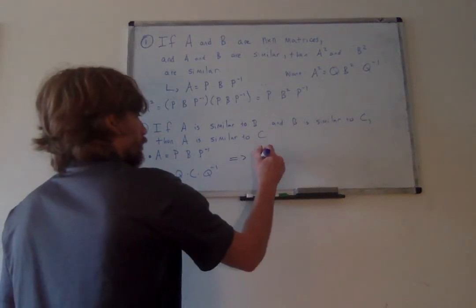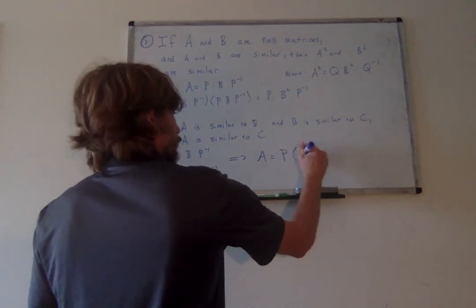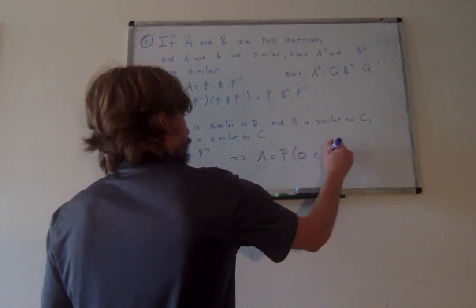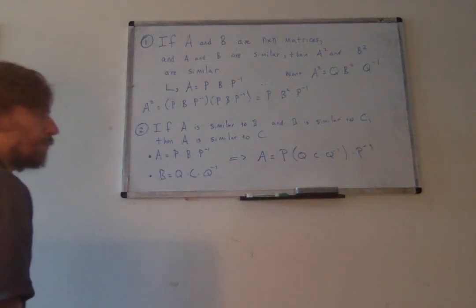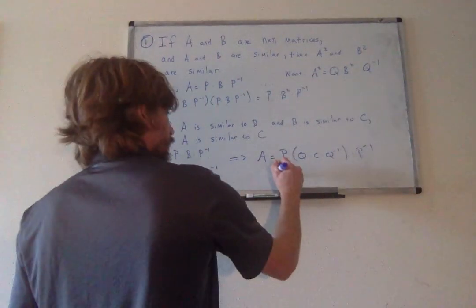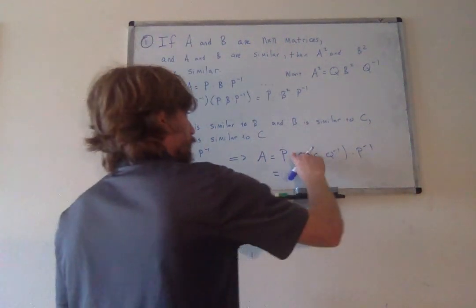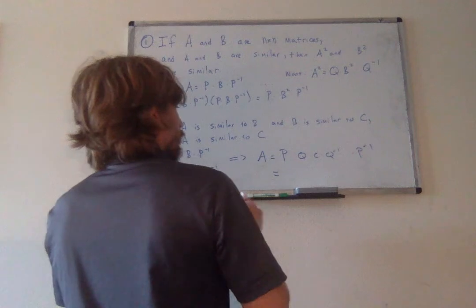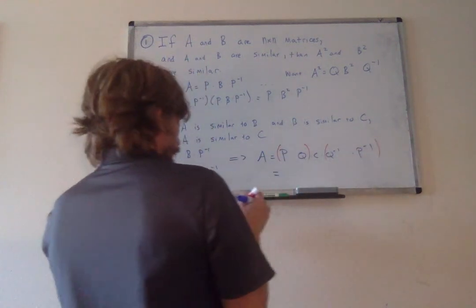So these two equations imply that A is equal to P times Q times C times Q inverse times P inverse. But notice I can sort of reshape these parentheses here using my matrix multiplication properties.